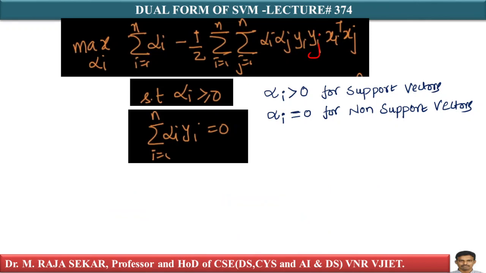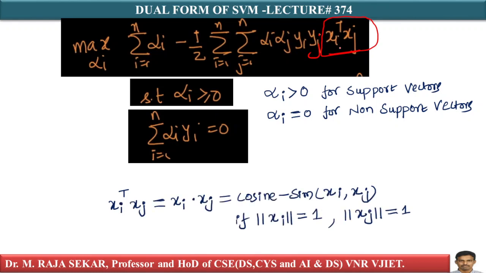Now we also said xi's only occur in the form of xi transpose xj. Just see, in the dual form what's happening? Xi is appearing in the form of dot product. Xi transpose xj is nothing but dot product between xi and xj, which is equivalent to cosine similarity.